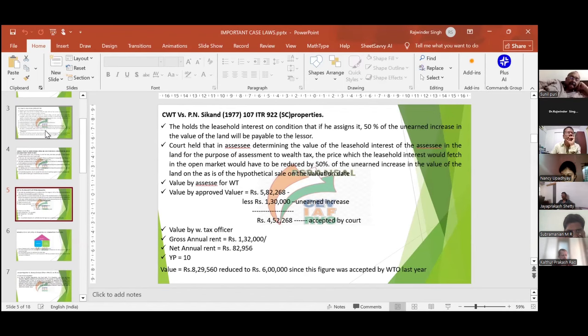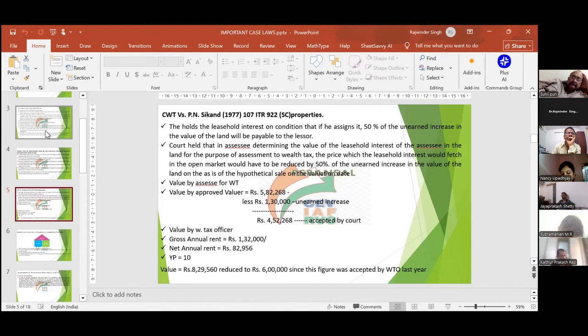So court held that the assessee determining the value of leasehold interest of the assessee in the land for the purpose of assessment of wealth tax, the price which the leasehold interest would fetch in the open market would have to be reduced by 50% of the unearned increase in the value of the land as it's a hypothetical sale on the valuation.